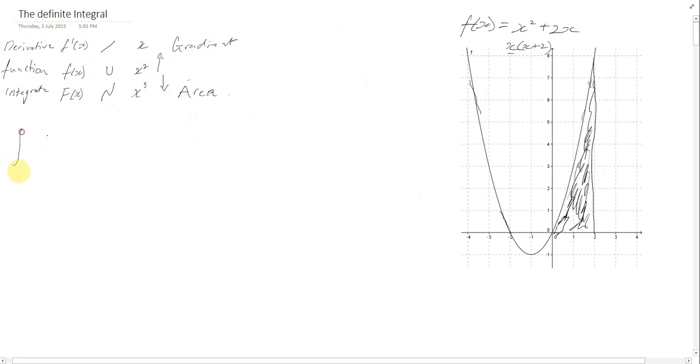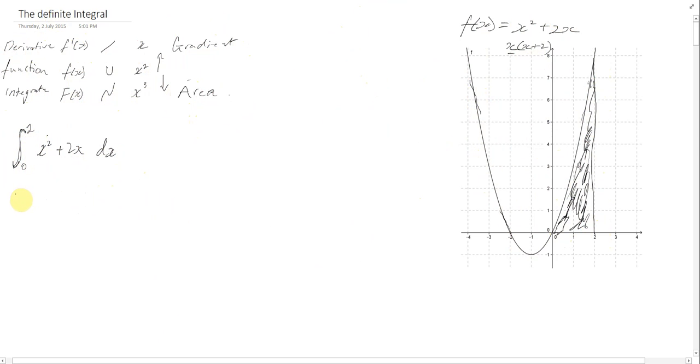So it's the antiderivative of our function x squared plus 2x dx, but I'm only finding the area between 0 and 2. So my lower bound is 0 and my upper bound is 2. So we write them there as part of this anti-differentiation symbol. We can call these either the lower bound and the upper bound, or sometimes they're referred to as terminals.